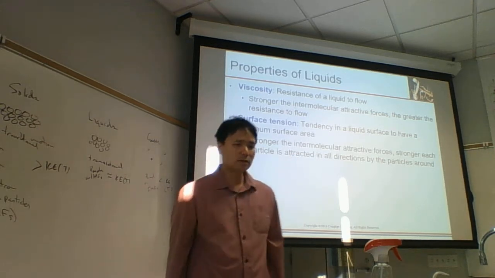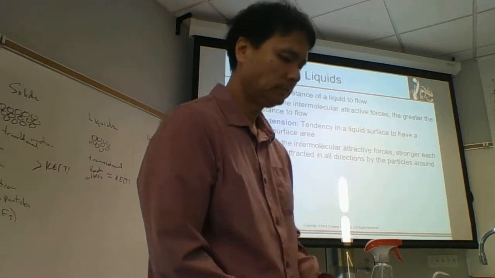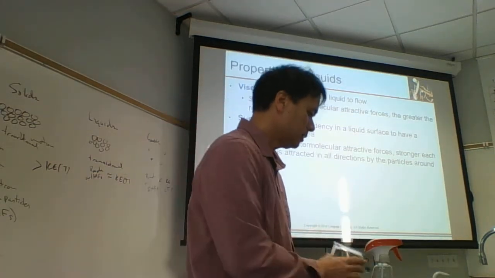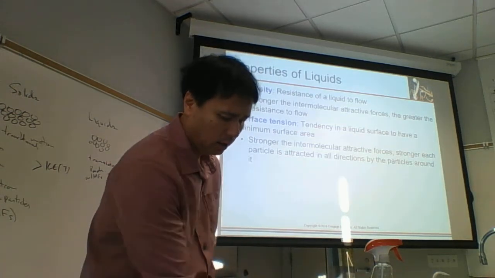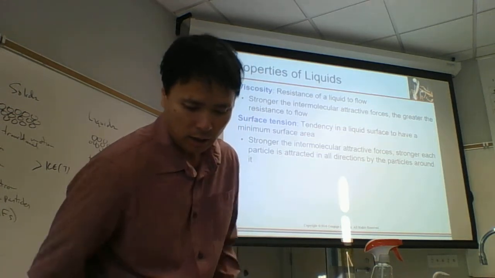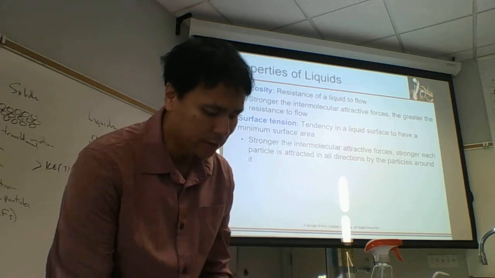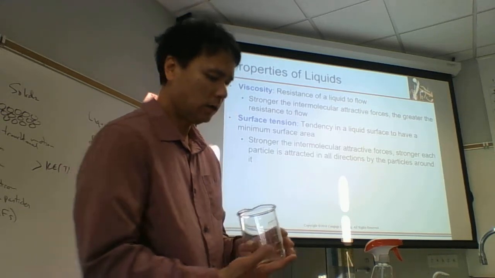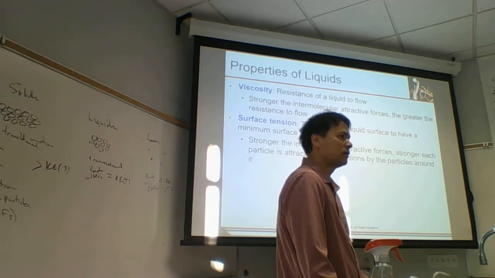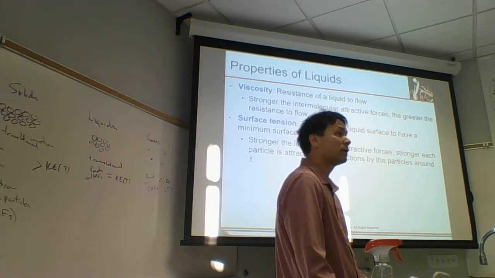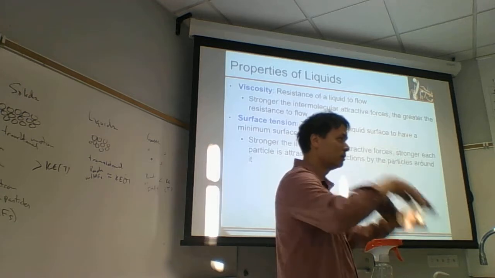Surface tension is the amount of energy it takes to break the surface of water. So if you have a swimming pool and you dive headfirst into water, you have to break the surface tension of water to dive in.